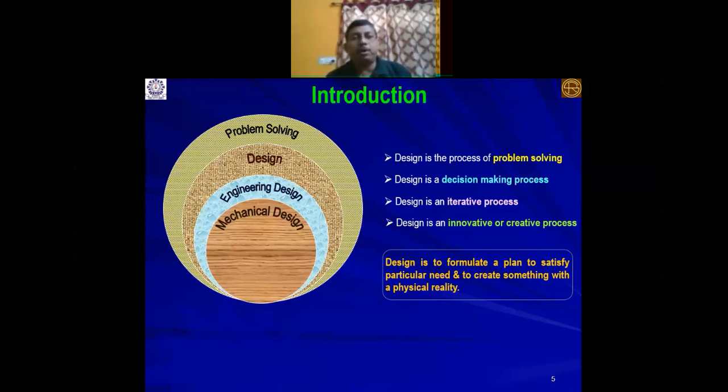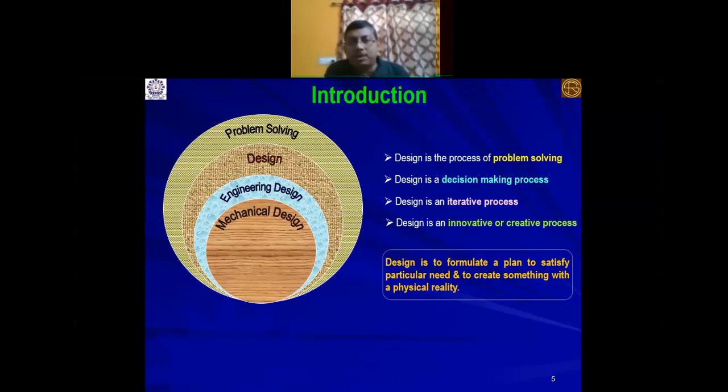Now, any design problem is a decision-making process. For example, if you would like to decorate your room, or your car, that is also a design problem. You have to take decisions: in order to decorate your room, what color you would like to use in different walls, whether you will use the same color on all walls or different colors on different walls, or whether you would like to put a picture of Sachin Tendulkar or Virat Kohli on the wall.